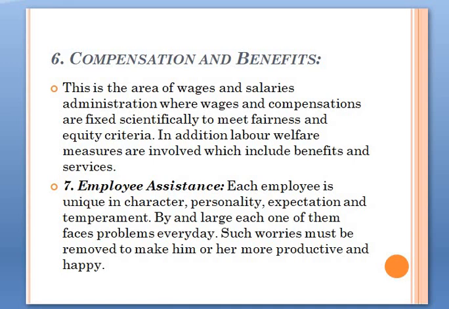Next comes employee assistance, right? That is helping the employees. Each and every individual differs in various ways. They have their own personality, their own expectations, their own perception, their own level of tolerance, right? So they face some problems in the organization day by day, right?